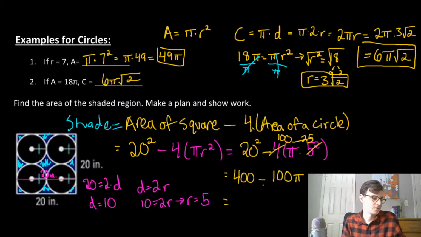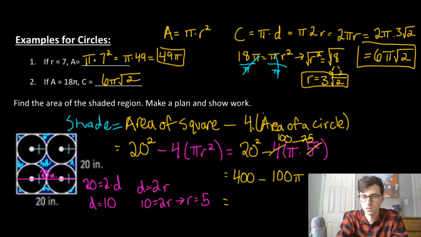Let's see if we can do that real quick. So 400 minus 100 pi.